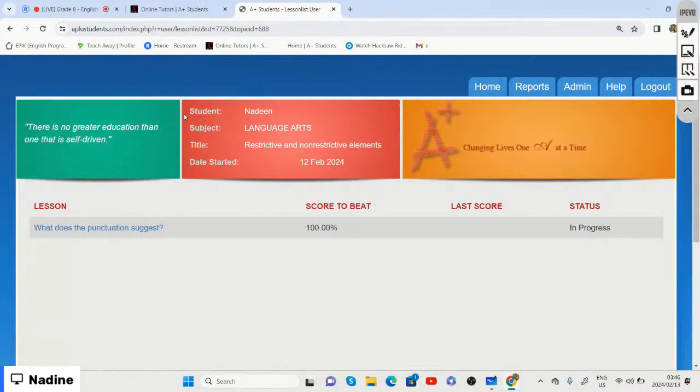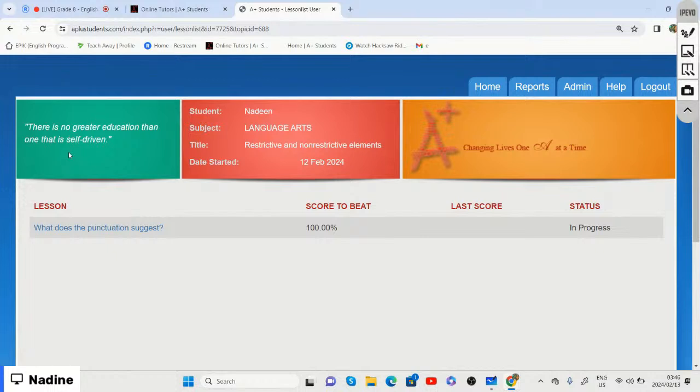But anyways, this is now the end of our lesson on restrictive and non-restrictive elements. We said restrictive elements are important to identify who or what is being discussed, and they are not set off by commas.